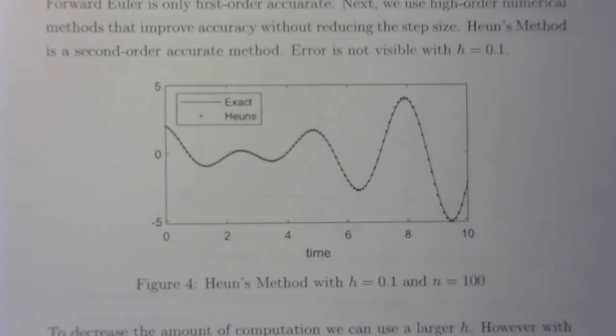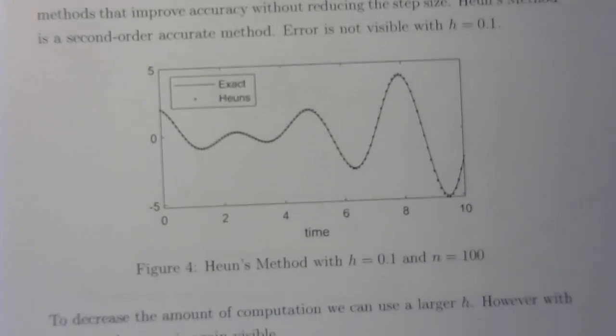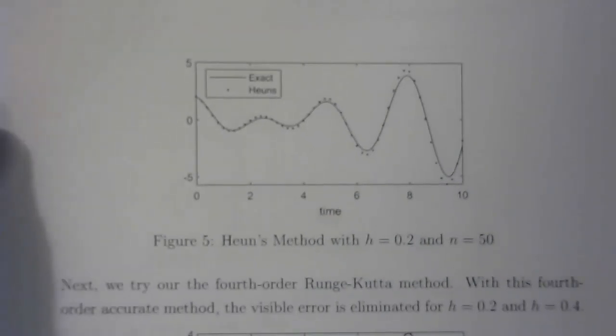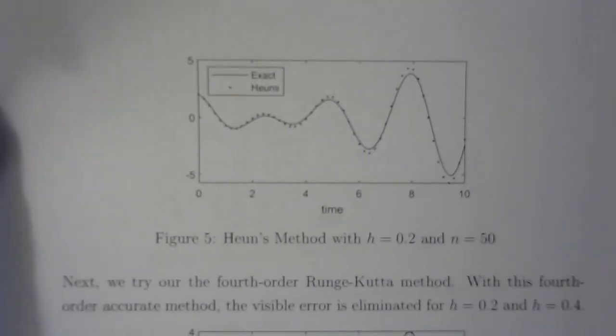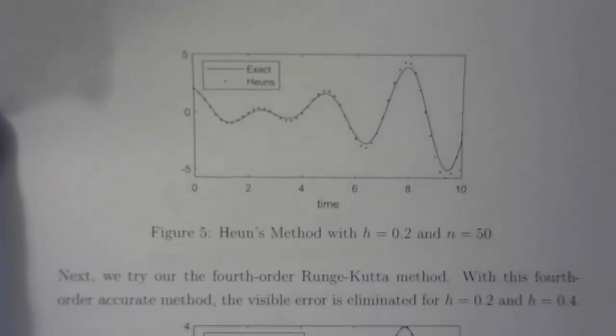Not that many steps and way better than Euler's. But if I start to decrease the number of steps, the error comes back. That was 100 steps. Here it is with only 50. And I start to get lost again. Not perfect, not terrible, but not perfect.